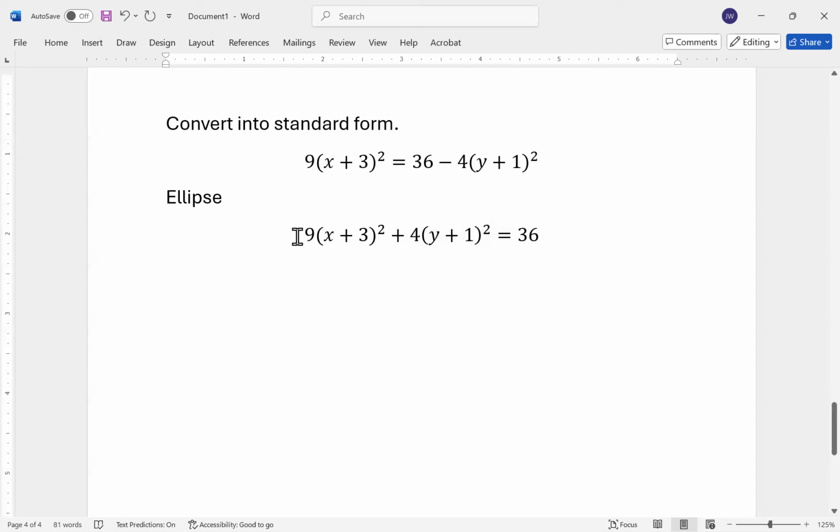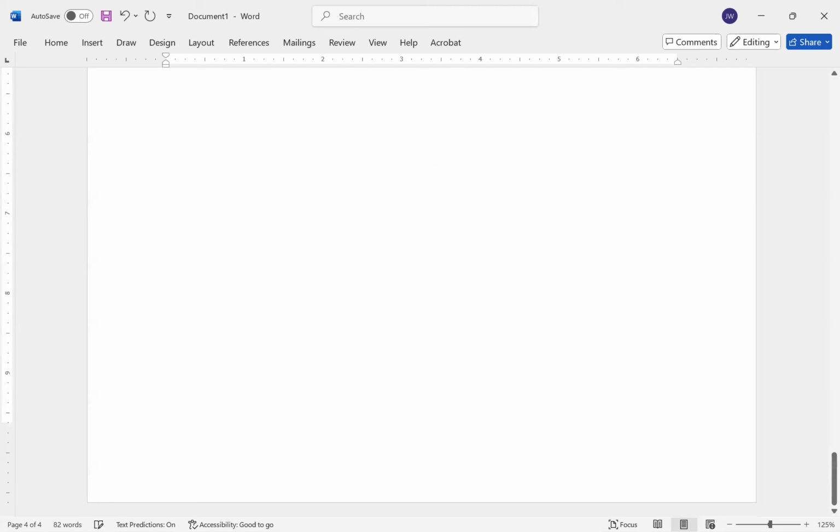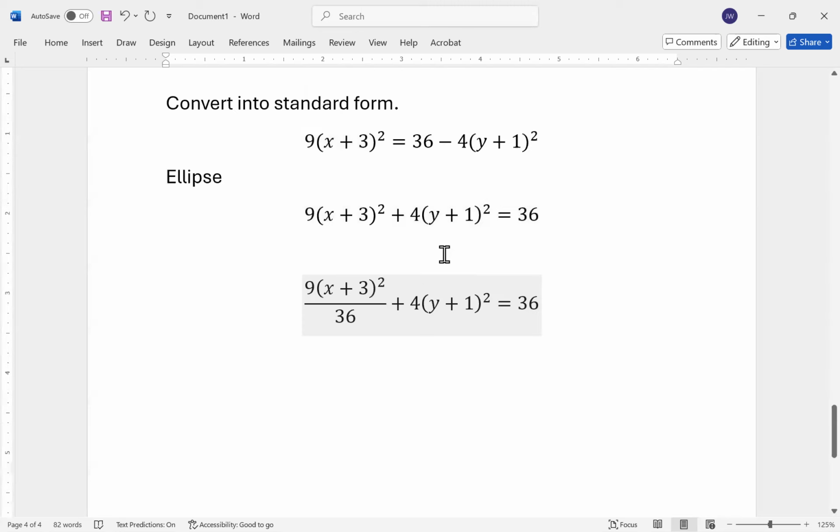So all we would do is take this equation and divide both sides by 36, which would divide each term by 36. That would give me a 1 on the right-hand side.